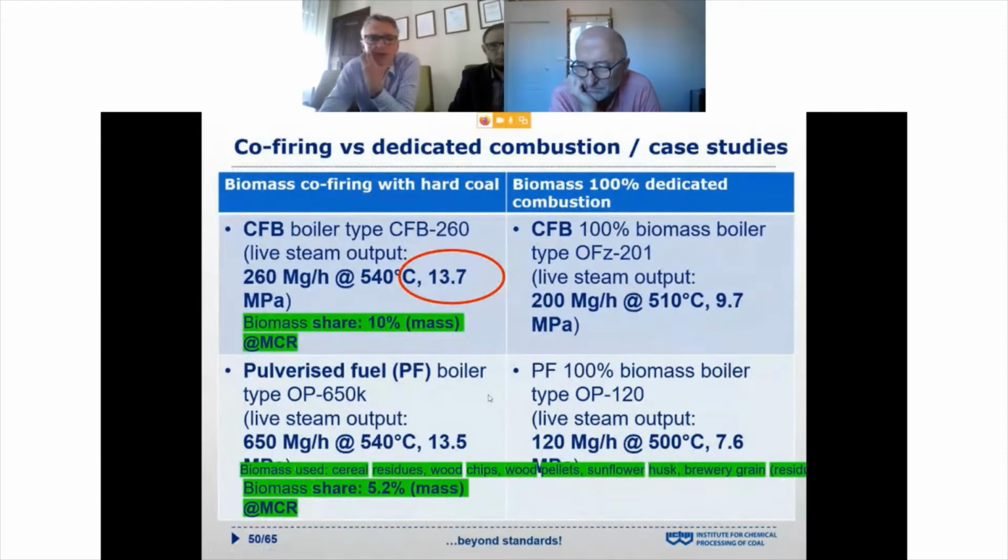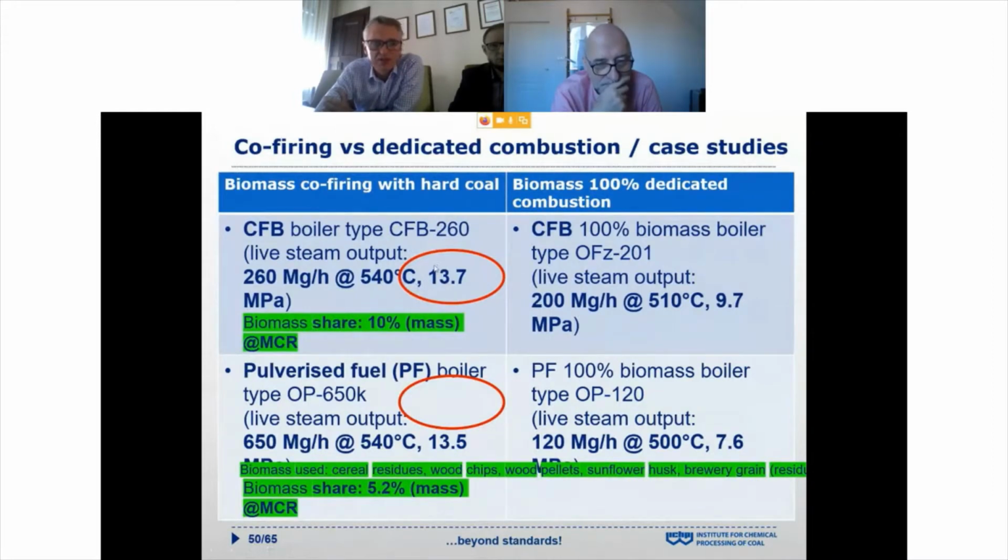And now let me draw your attention to some, in our opinion, important elements as the original parameters of the steam, of the live steam in these boilers. So when we observe these coal combustion units, the steam parameters were quite high.